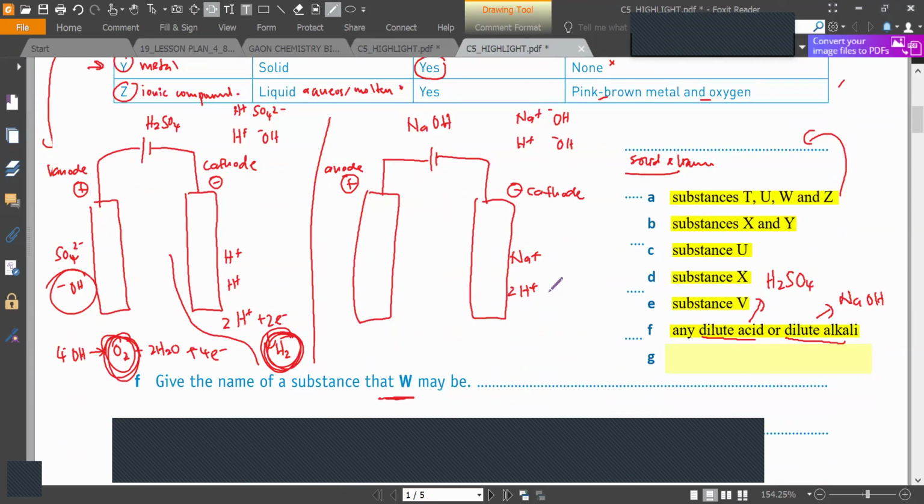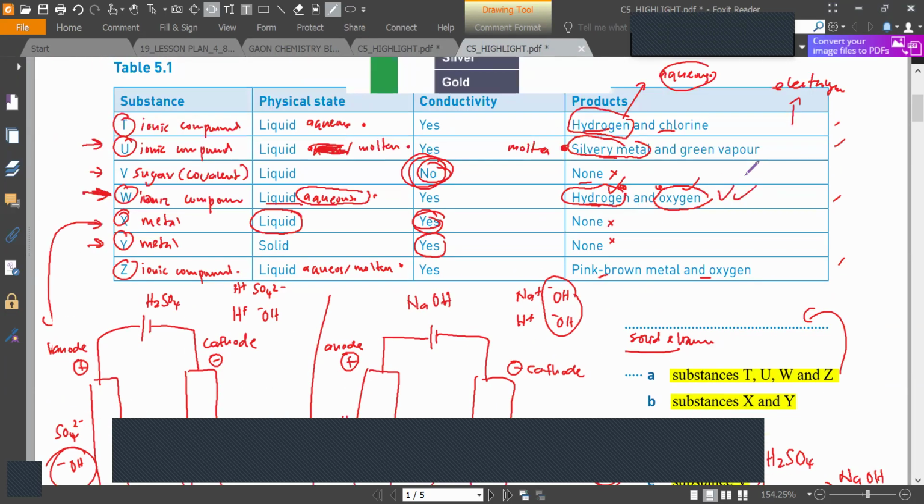Two hydrogen plus two electrons turn to hydrogen gas. This is our product here. At the anode we have hydroxide, hydroxide. Both will react again, turning to oxygen and water with four electrons. So again our products are oxygen and hydrogen. These two situations will give us hydrogen and oxygen.